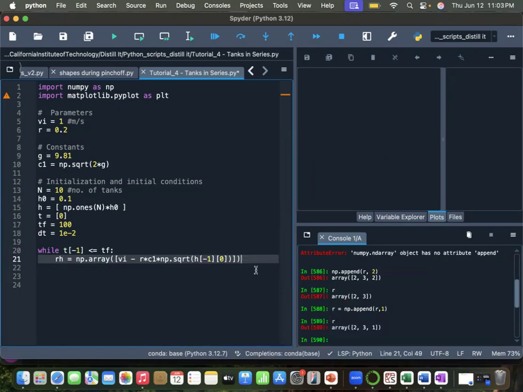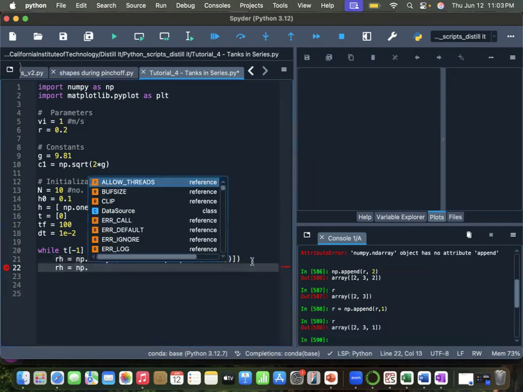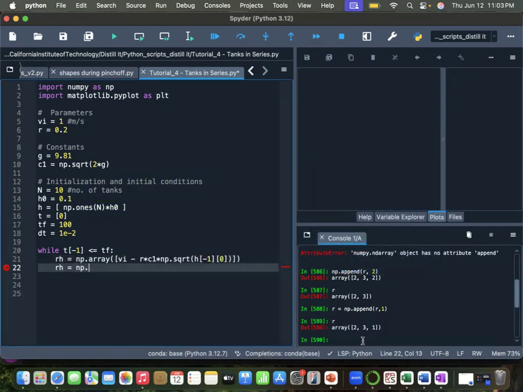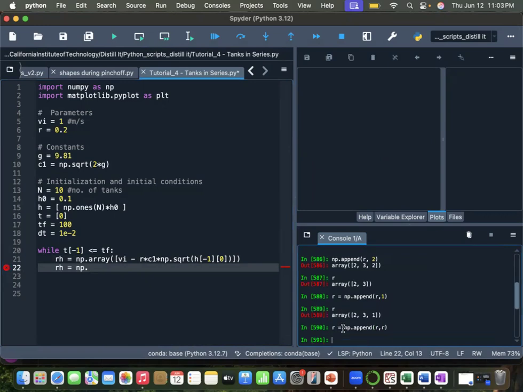differential equation, right? And for all the other differential equations, we'll just say RH equals to NP. Let me just check one more thing before I actually go ahead. So what if I append an array to an array? So, okay, this is what happens. So we could do that.